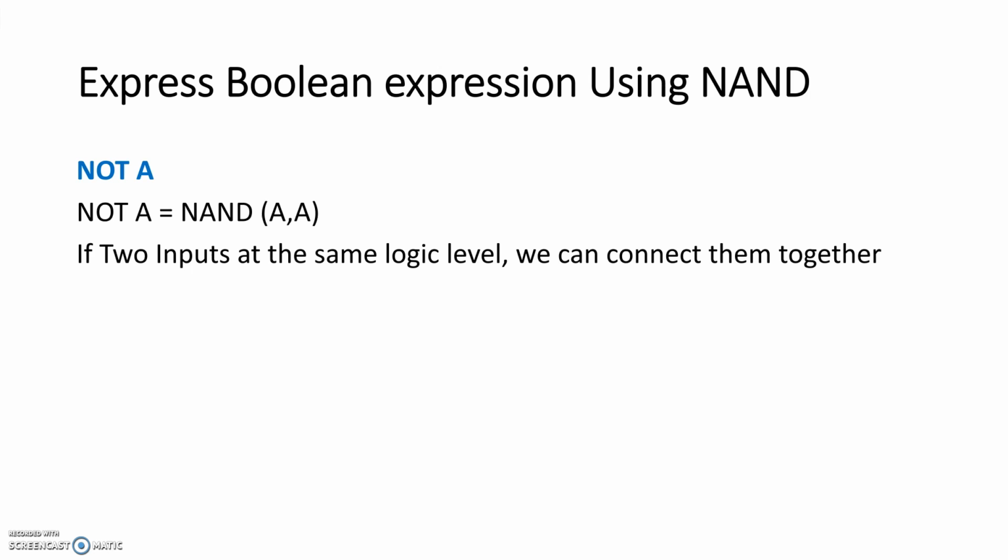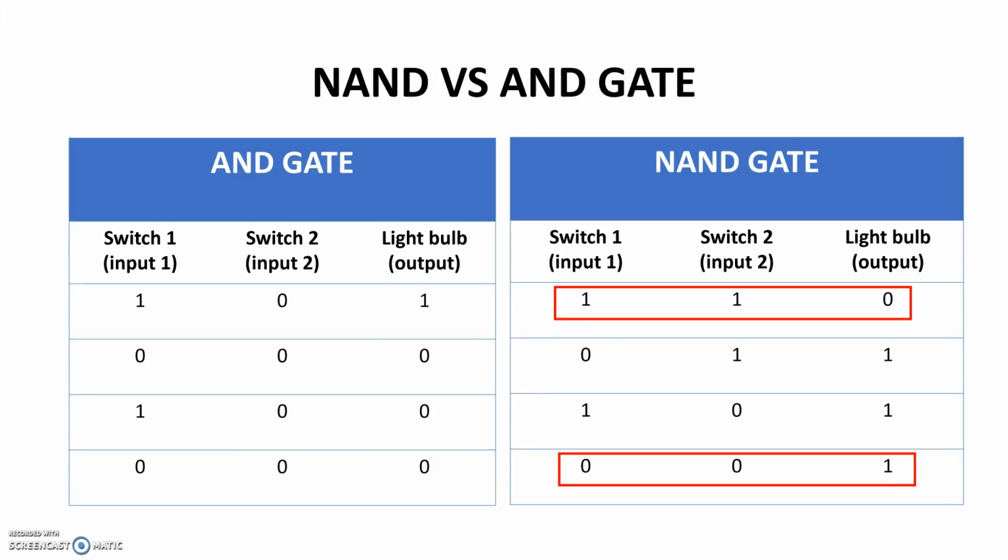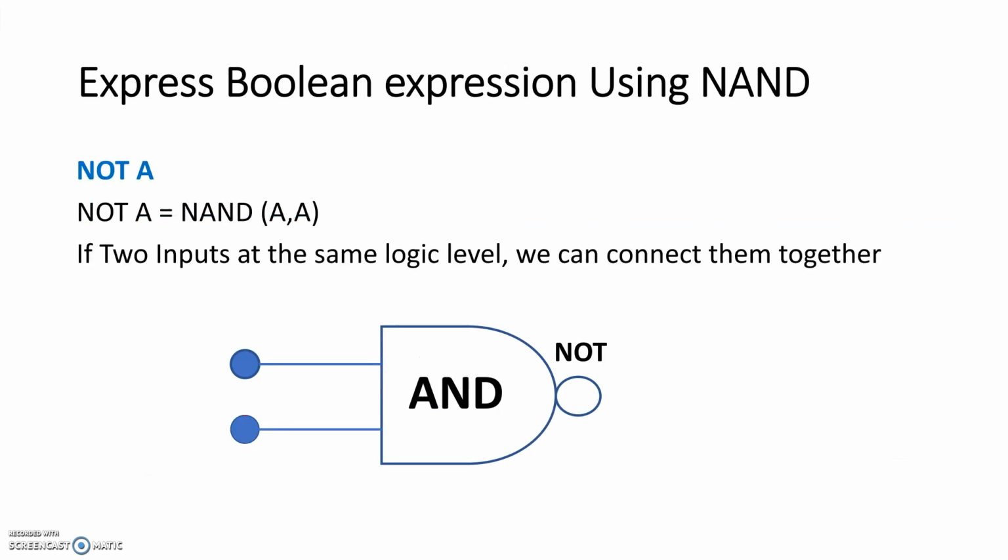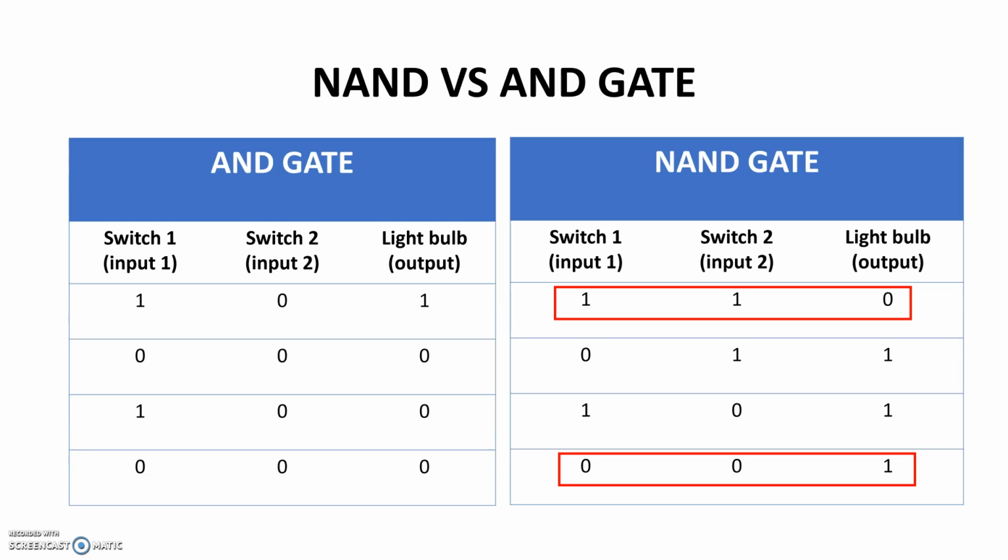First start with a NOT gate. Let's look at the truth table first. When both switches are on and when both switches are off, the light bulb is either off or on. So we have a rule there: when both inputs are at the same logic level, we can connect them together.